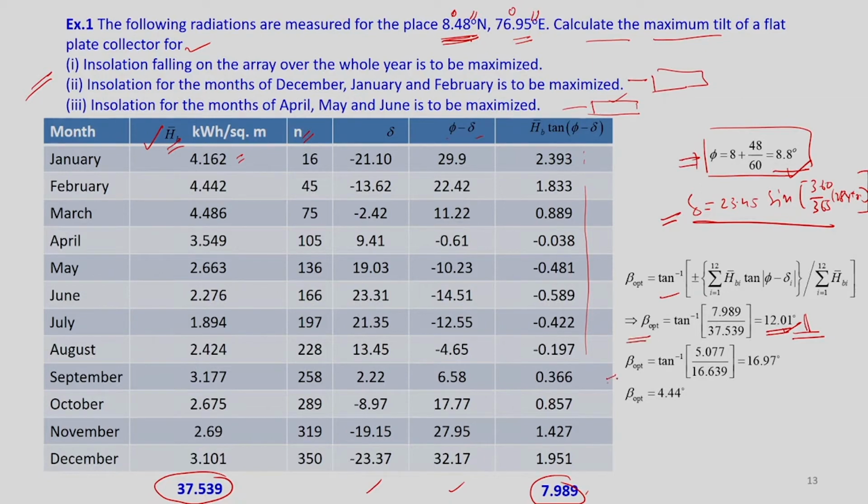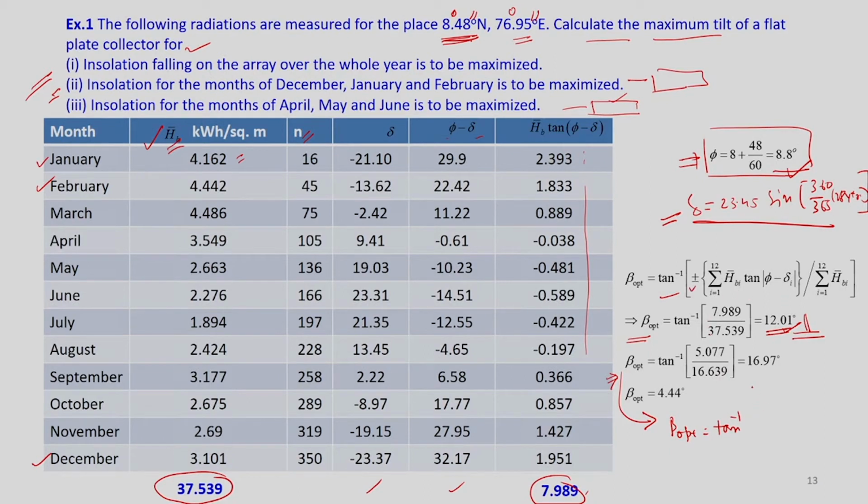And what will be the optimum tilt angle for case 2, December, January and February? Here we need to find out these values for December, January and February. I can explain here. So, beta opt is something like tan inverse. Here positive we have to apply because this part is positive.